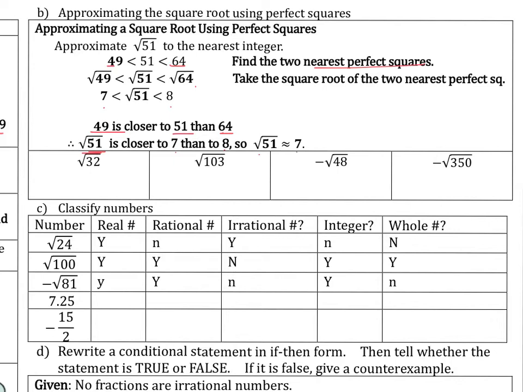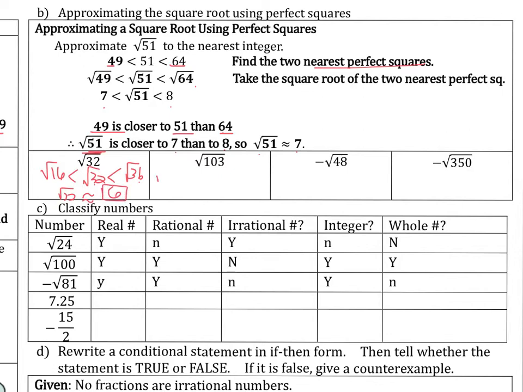Okay, and then let's do some practice. Just for the square root of 32, you have square root of 16 before that, and a square root of 36. 36 is much closer to 32. So we can say the square root of 32 is approximately 6.